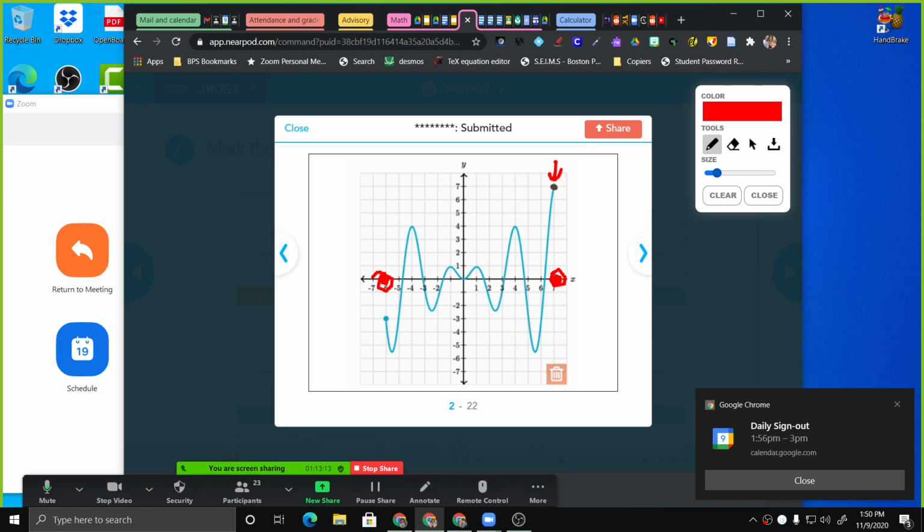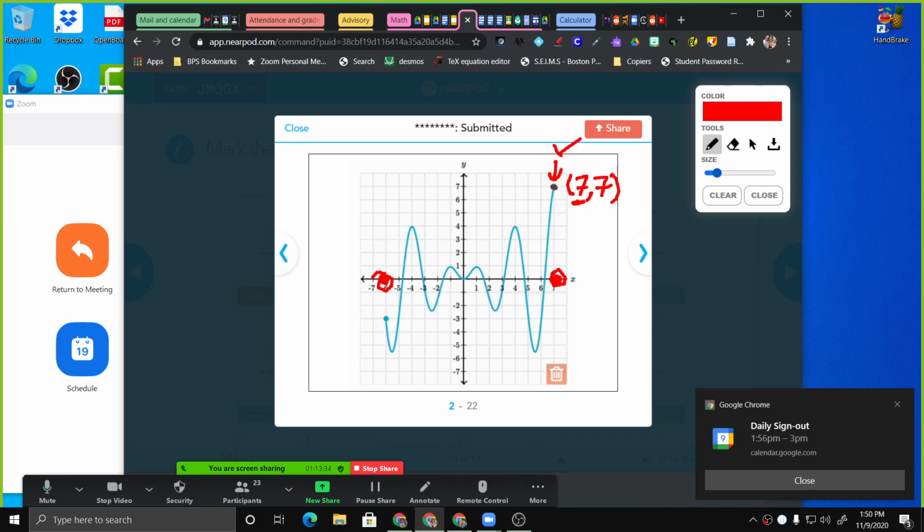And the answer actually is no. This point corresponds to an x value of 7. It's 7, 7. And your open interval can't contain 7. So that point is not a relative maximum. It is the absolute maximum, yes, but it is not a relative maximum.